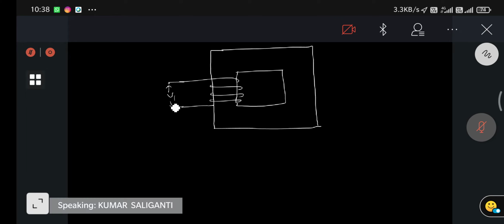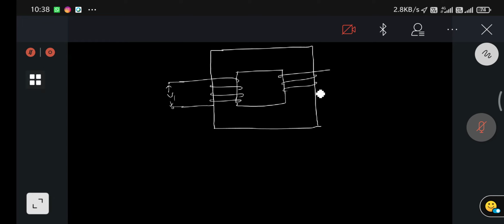This is V1. This is the load. What are the loads? Either inductive, capacitive or resistive load. So here these are the currents.